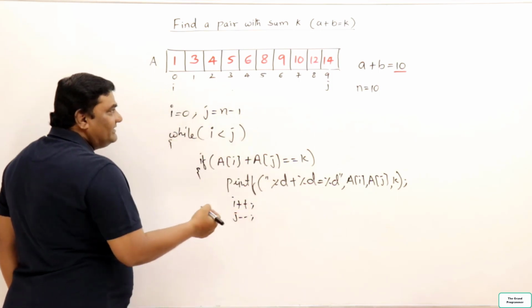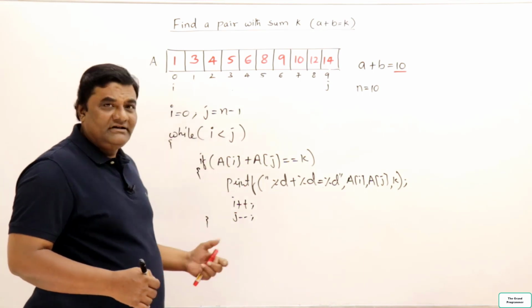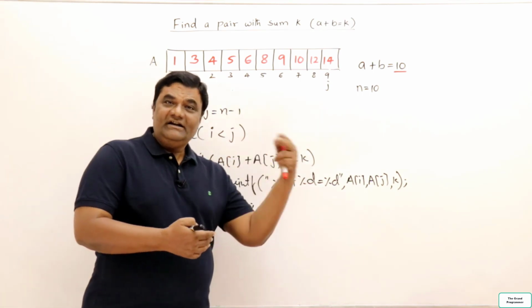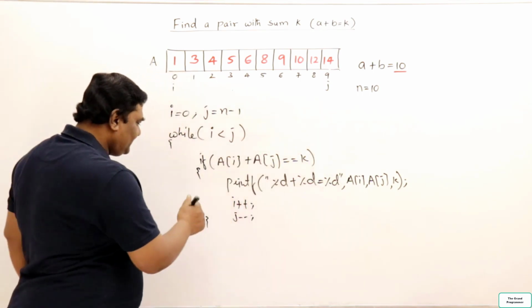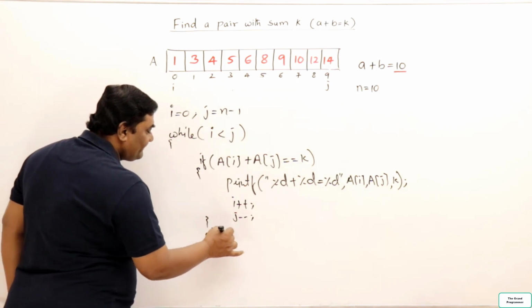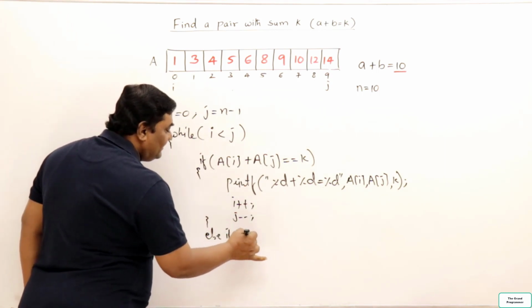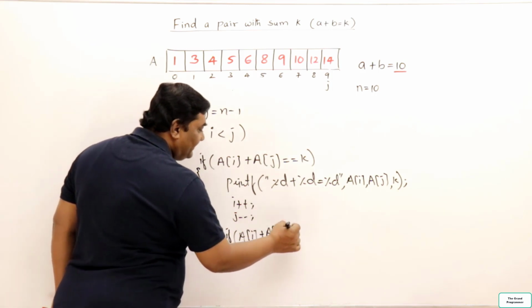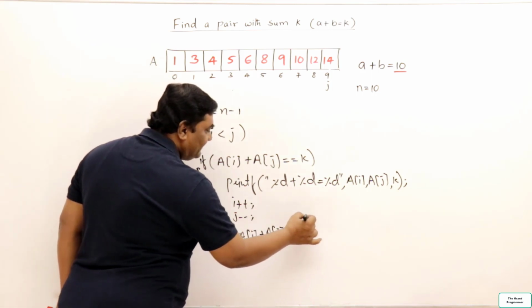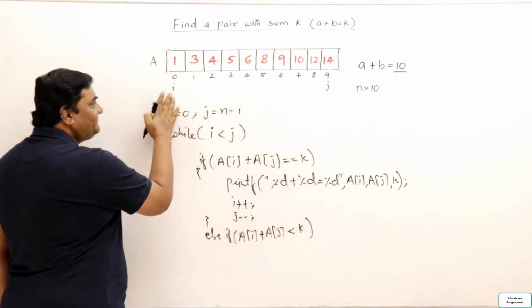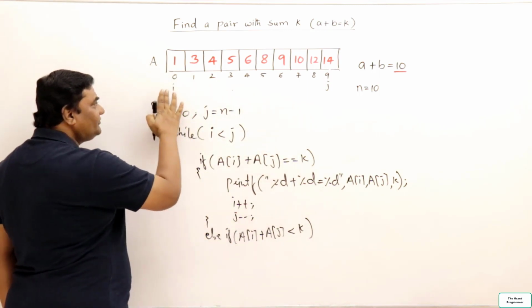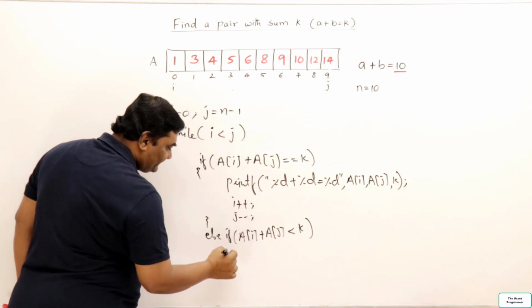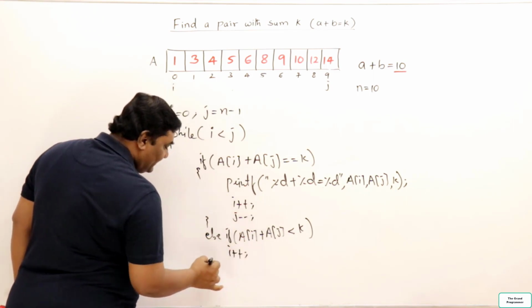Then the second case, if they are not equal, then this total may be greater or smaller. So I will write else if a of I plus a of j is less than k. If it is less, it means the number is smaller, so I should go to the bigger number. So I plus plus.